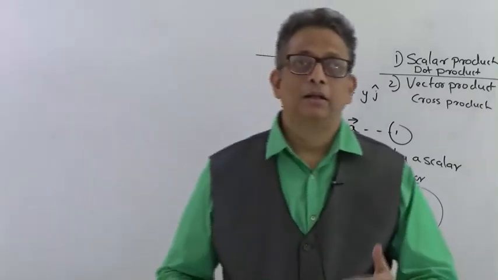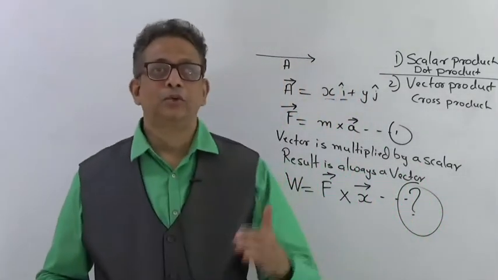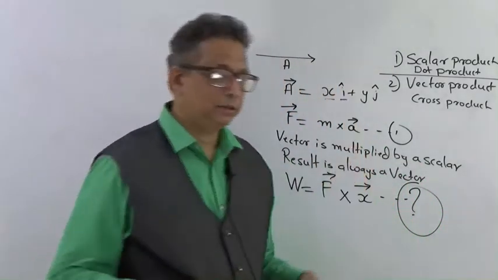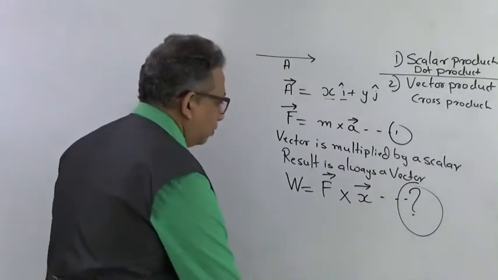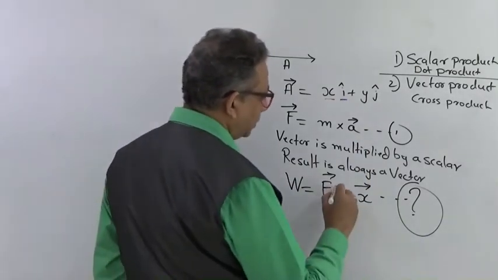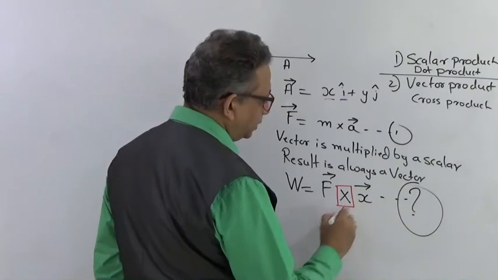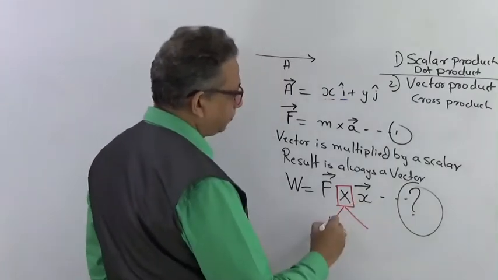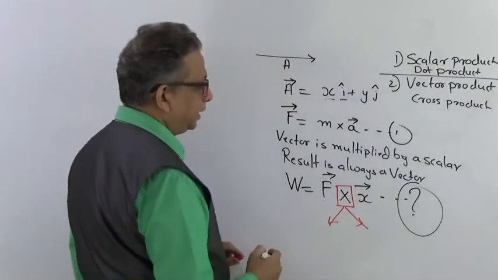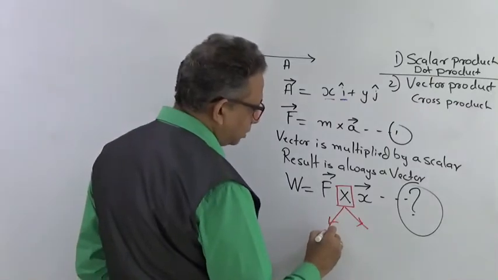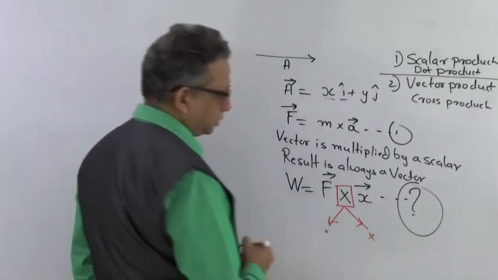Here you will actually be using one of two multiplications, because I have just used our typical normal multiplication symbol, but this will be replaced by the two types of multiplication, that is dot or cross.